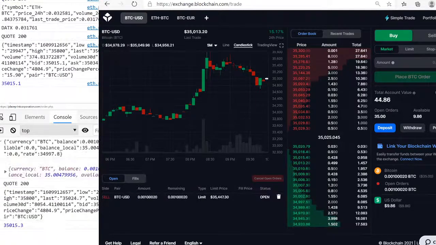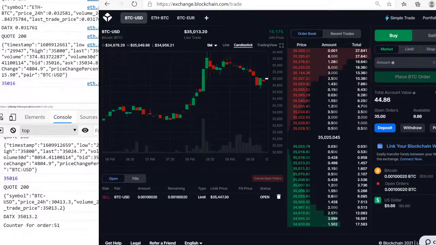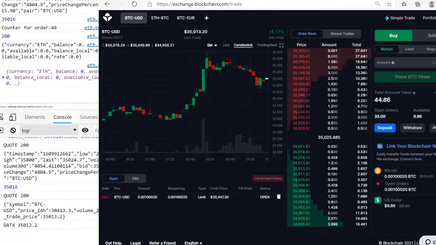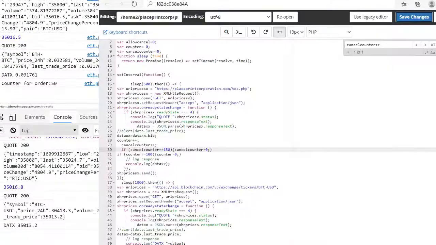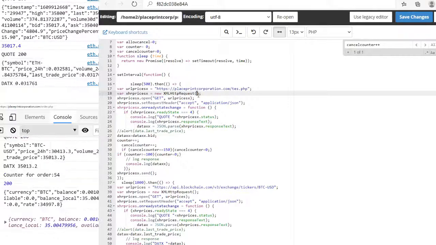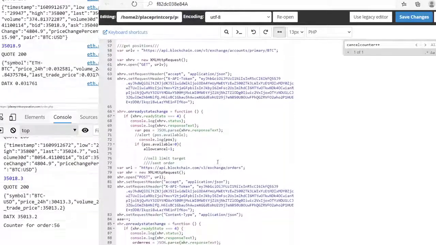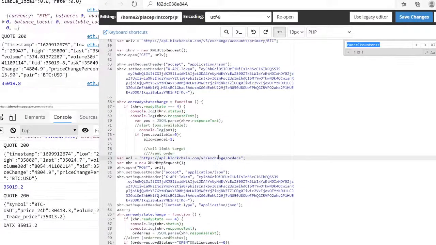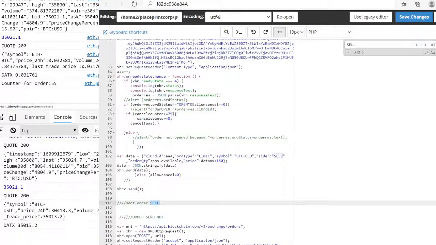Can the cancel counter get above 150? If it's greater than 75.